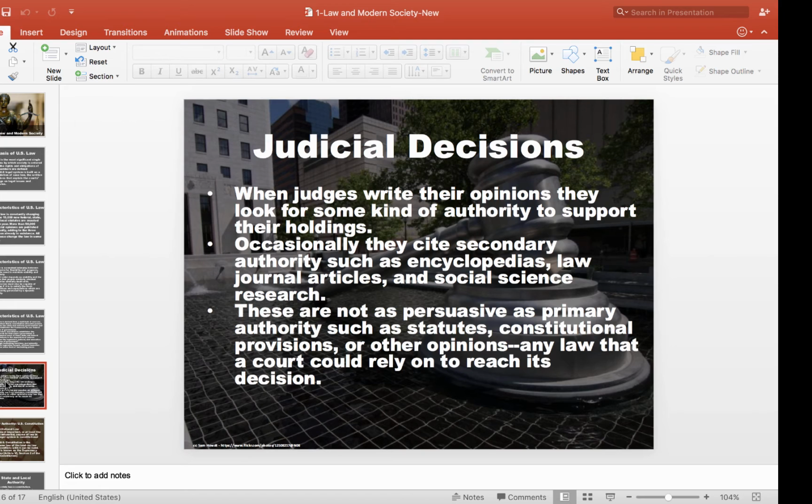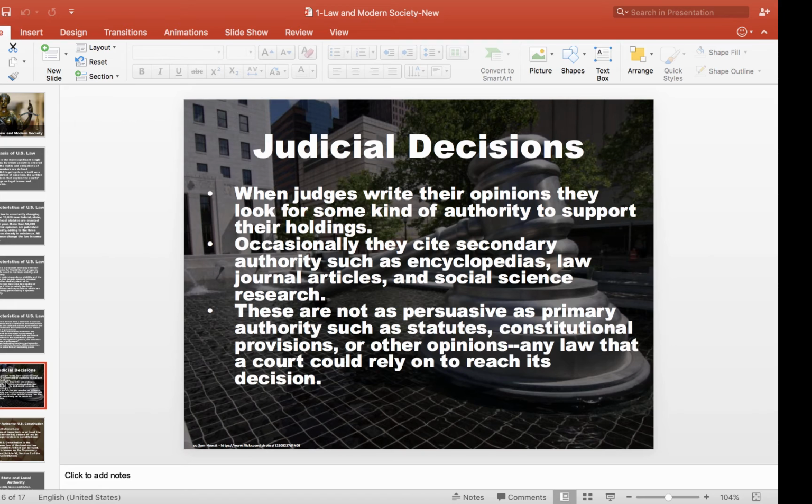Okay? When judges write their opinions, they look for some kind of authority to support their holdings. Occasionally they cite secondary authority such as encyclopedias, law journal articles, or some social science research, but these are really not as persuasive as what's called the primary authority, such as laws, constitutional provisions, or other opinions, which are essentially precedents.